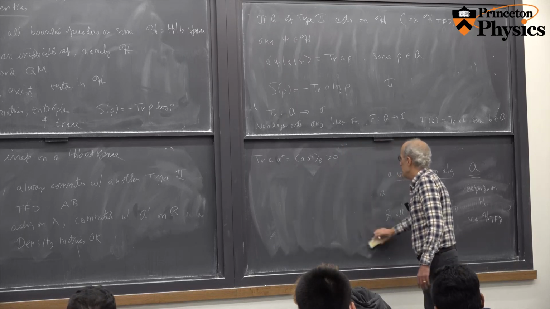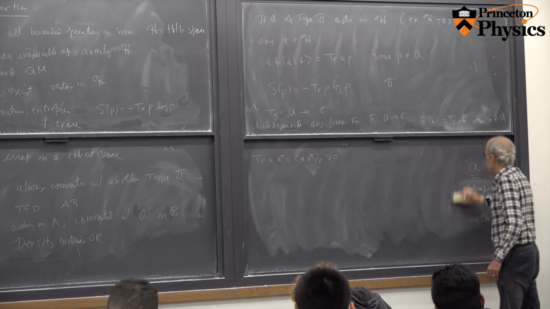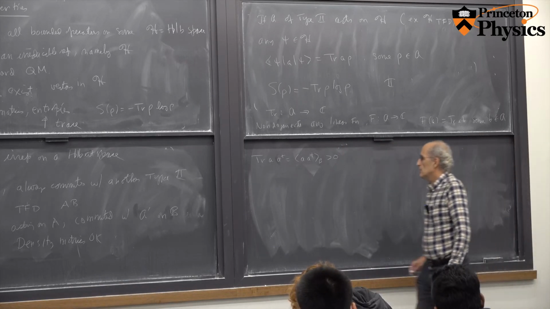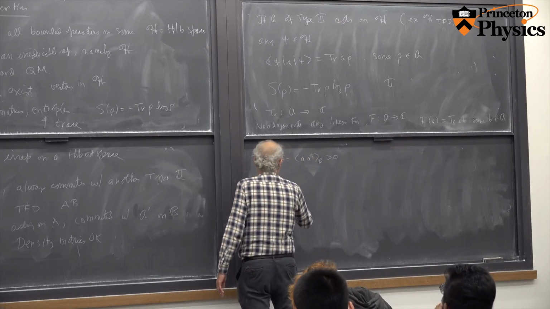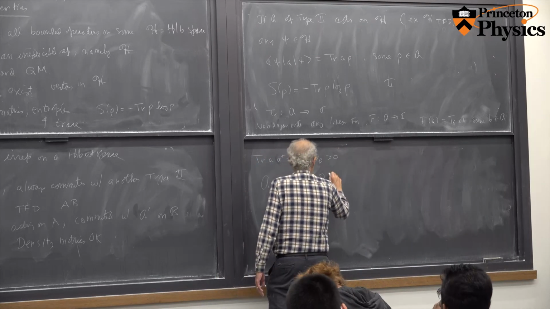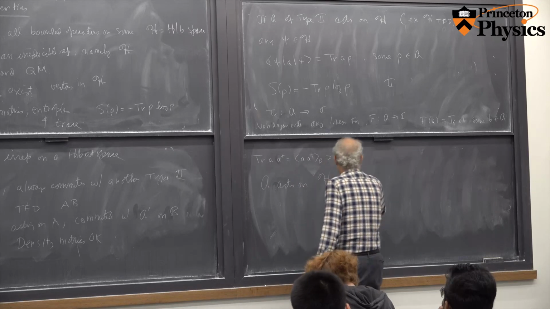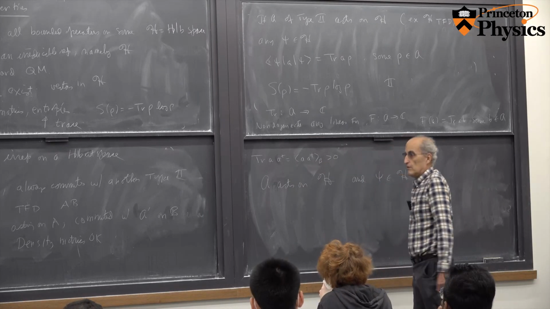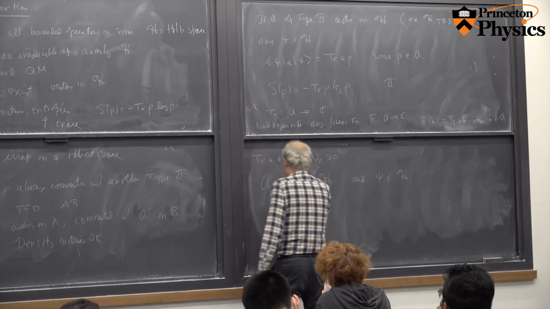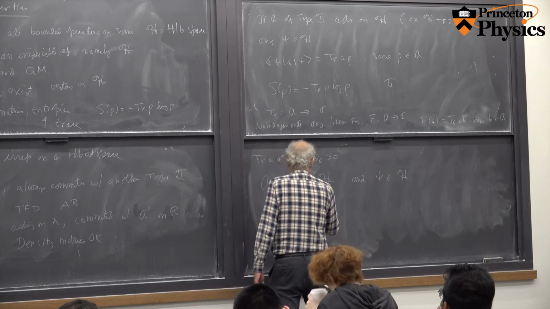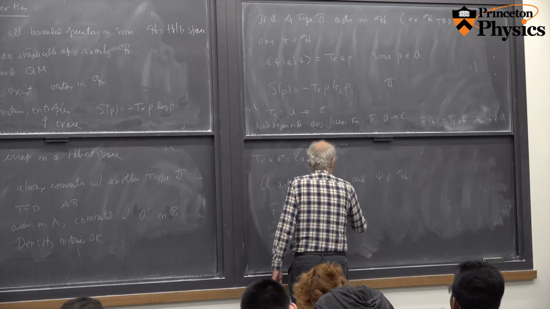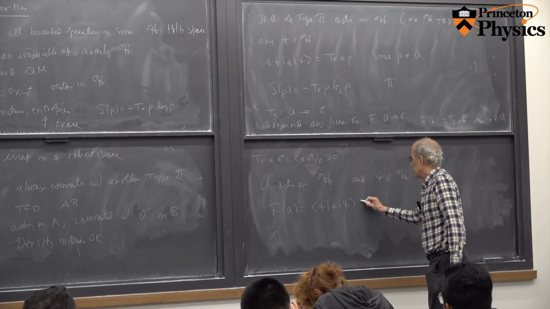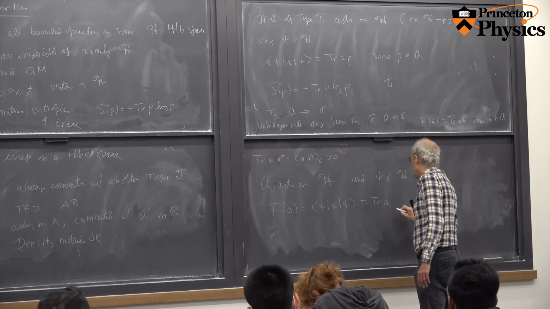So that will imply that if the algebra acts on some Hilbert space H, and we're given a state psi in H, an example of a linear function is the expectation value of an operator in the state psi. And as I said, that will be the trace of A times something.